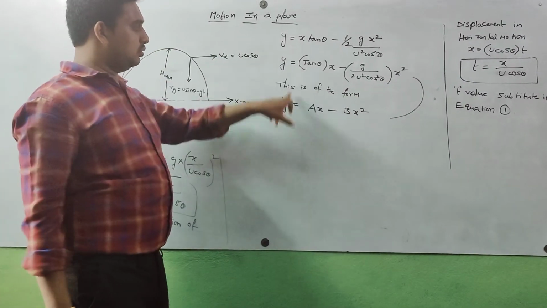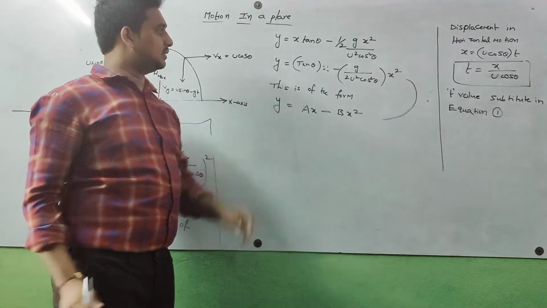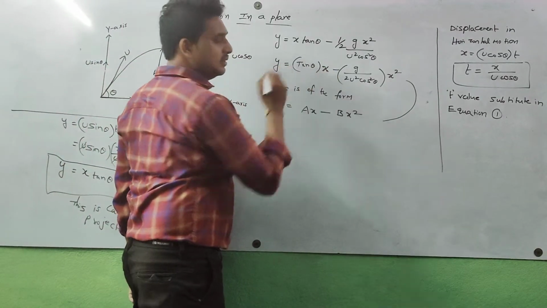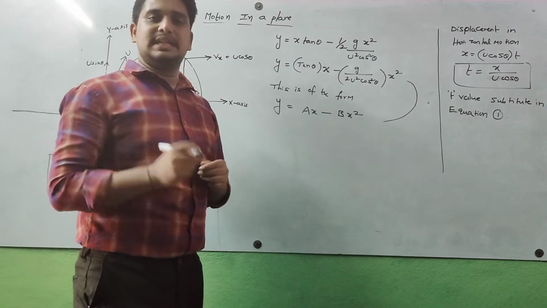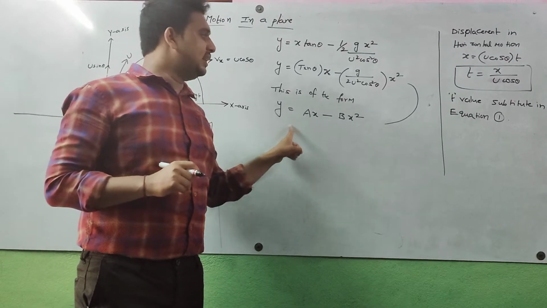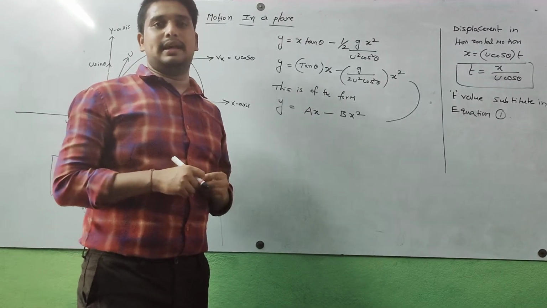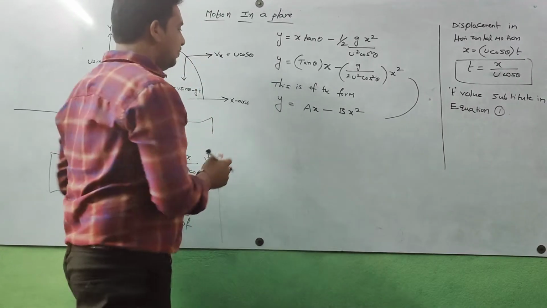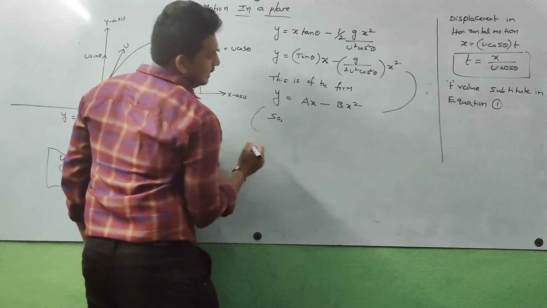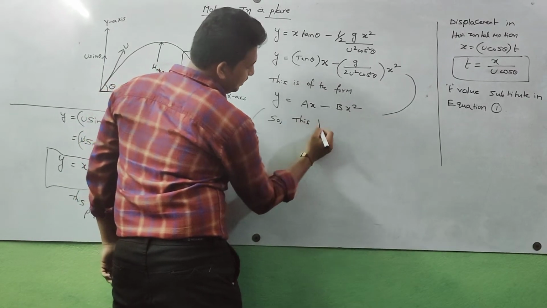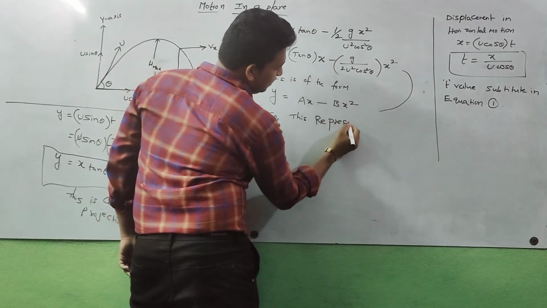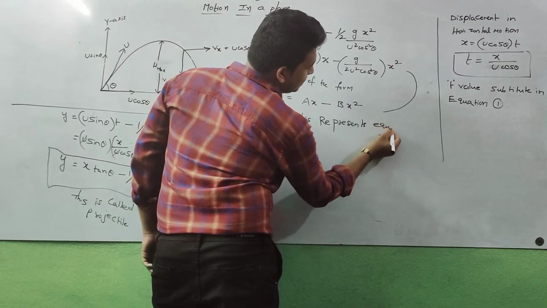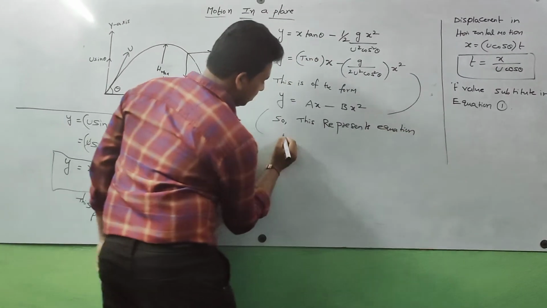If any equation is of the form y is equal to ax minus bx square, that represents the equation of a parabola. So this represents the equation of a parabola.